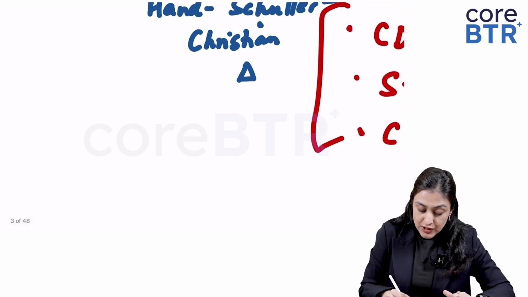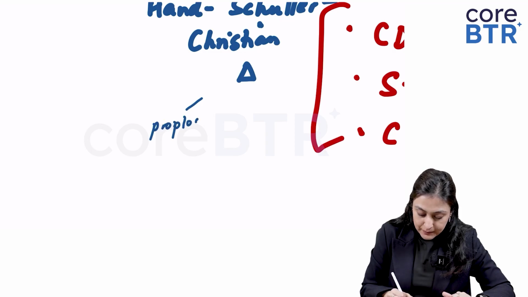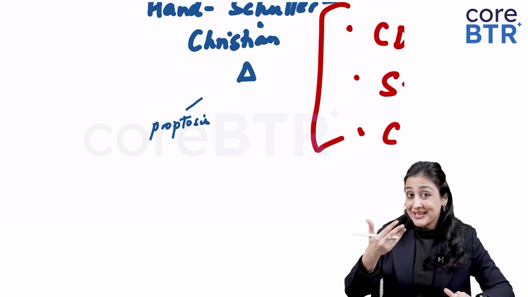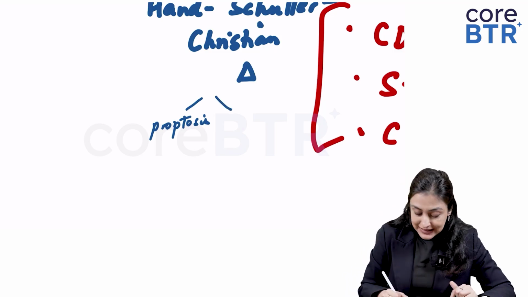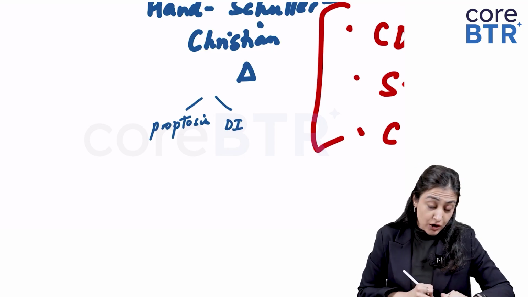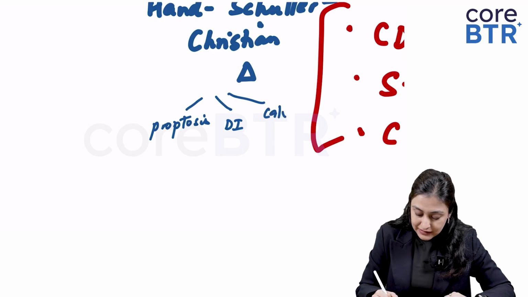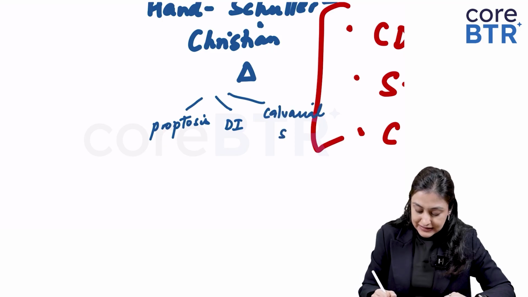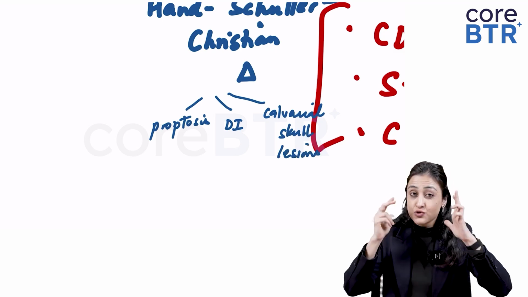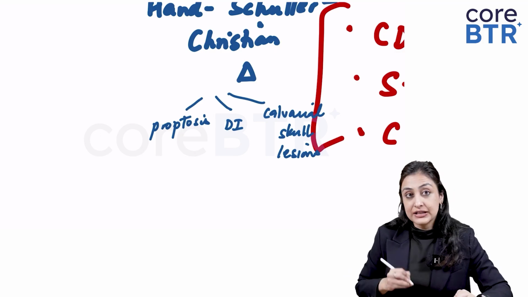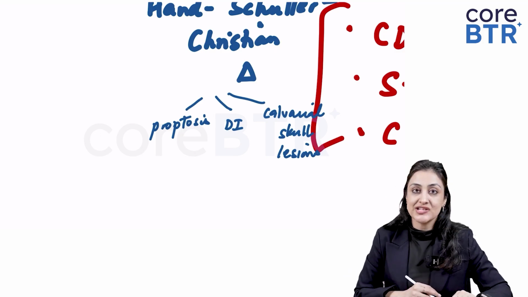What does it include? So you have proptosis, because there is proliferation behind the eye. Then you may have diabetes insipidus because it can affect the pituitary stalk. And you may have calvarial lesions. So there are lytic lesions in the skull, described as geographic lytic lesions, which I'll show you in radiology as well.